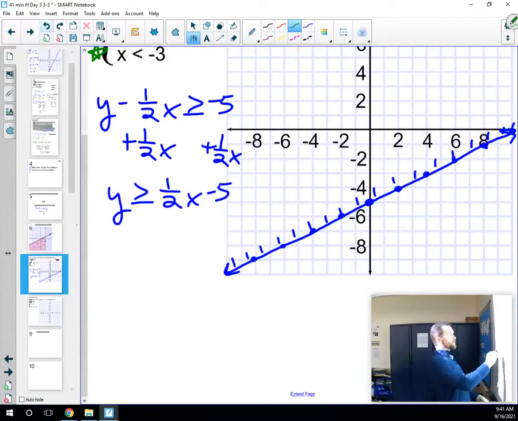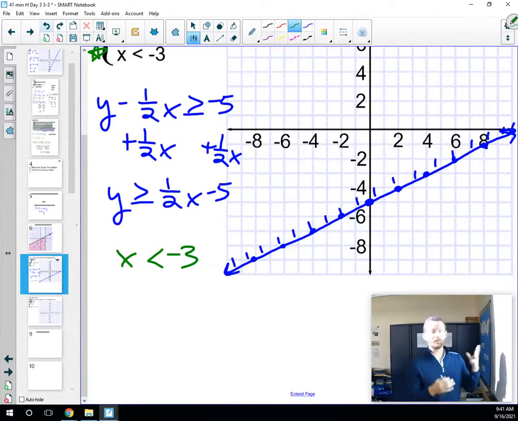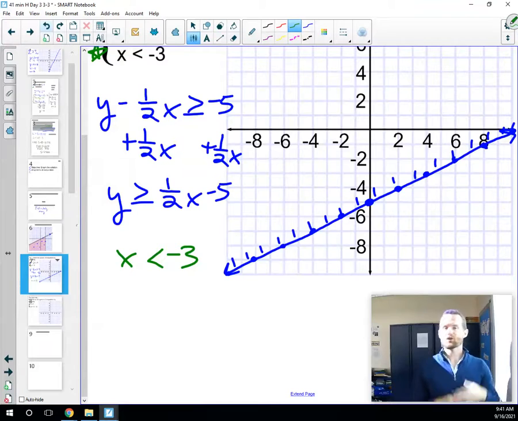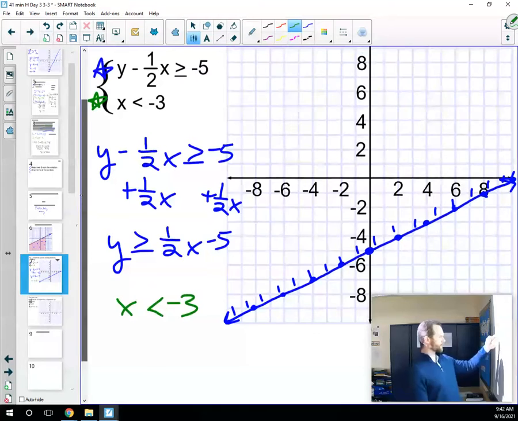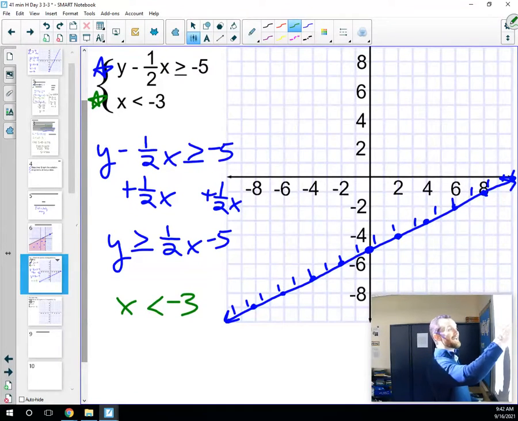Now let's take a look at the green, which was just x is less than -3. Fortunately, the variable here is already all by itself, so we don't have to do any more work like that. And we only see one variable. It's only an x, which means it's going to be either a vertical or horizontal line. So to figure this out, I'm going to go to -3 on the x-axis.